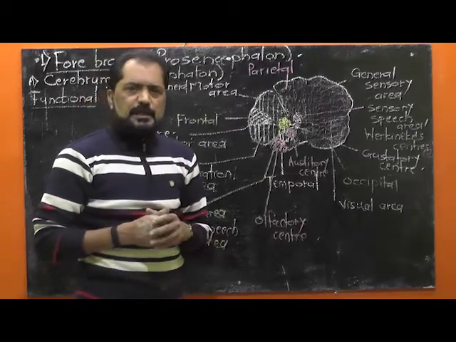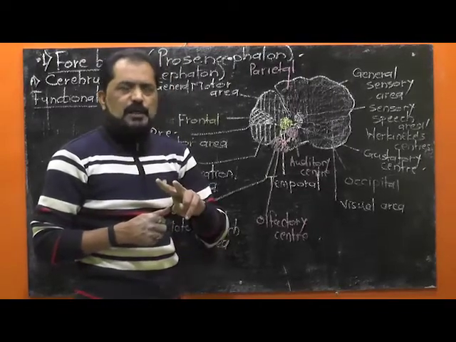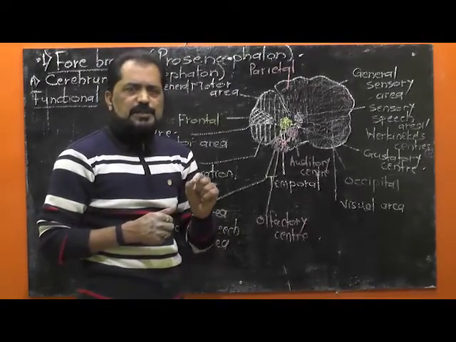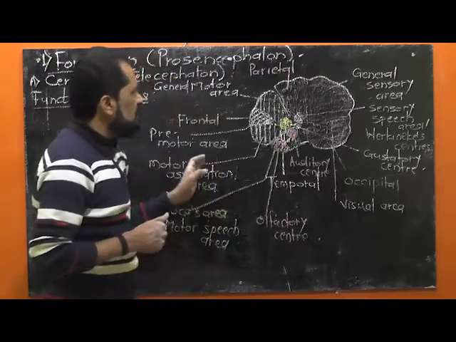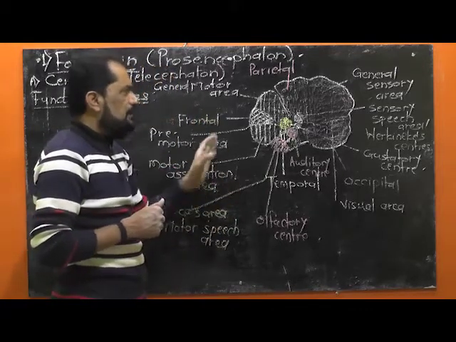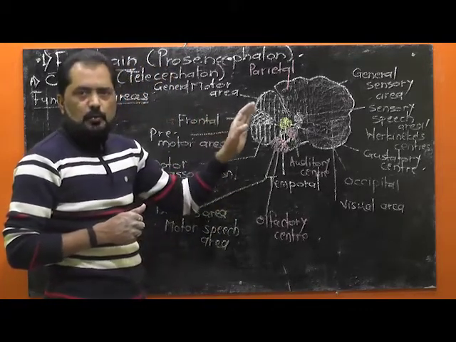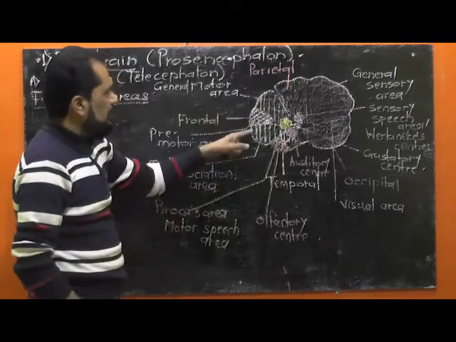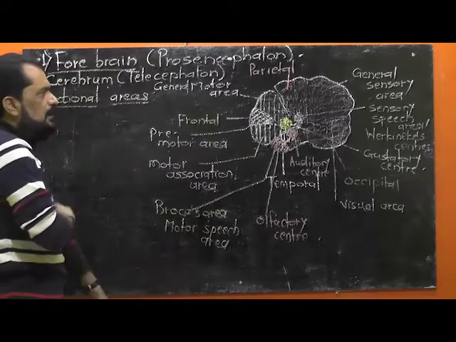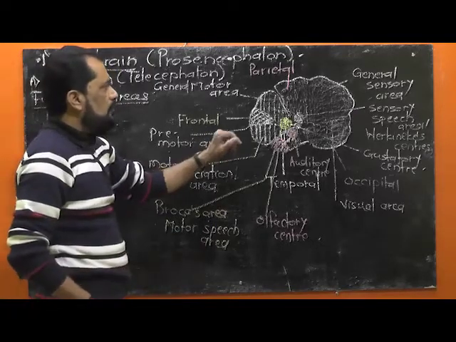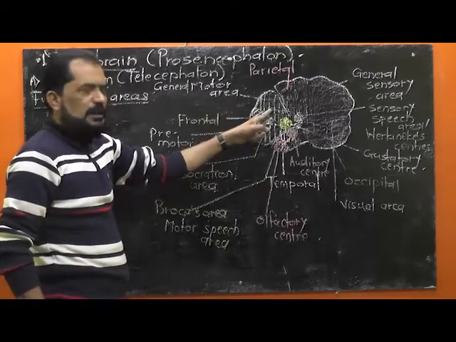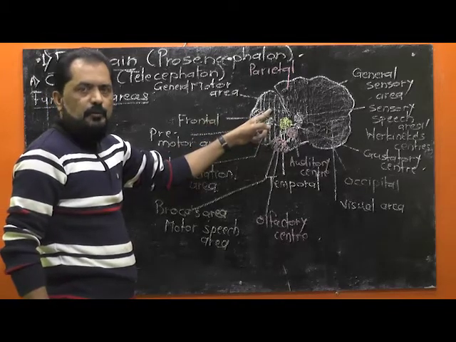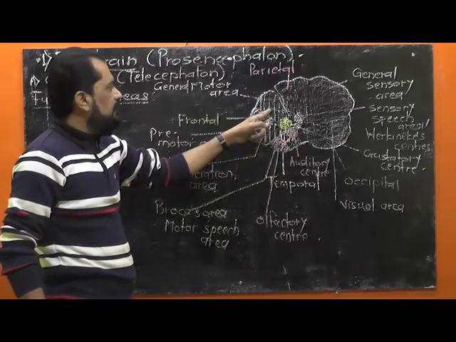Before going to the rhinencephalon, as usual I am going to give a very fast and brief revision of these different functional areas present on different lobes of cerebral hemisphere. Look at the diagram. Here is a frontal lobe. The frontal lobe shows presence of general motor area, which controls different voluntary movements, voluntary activities.